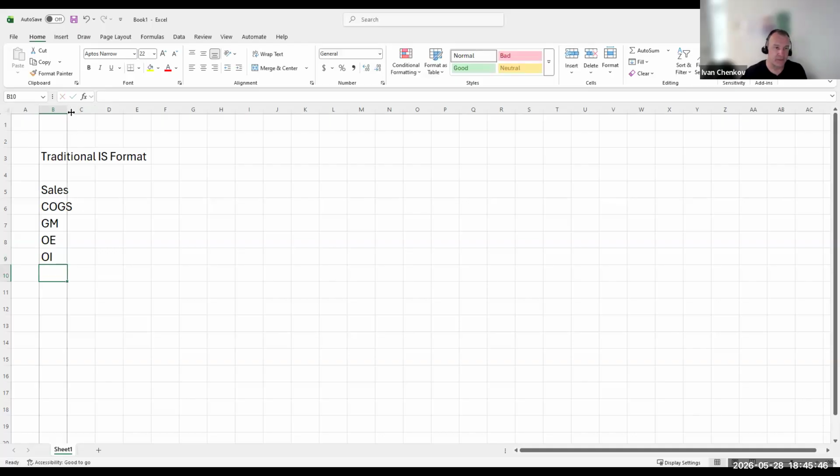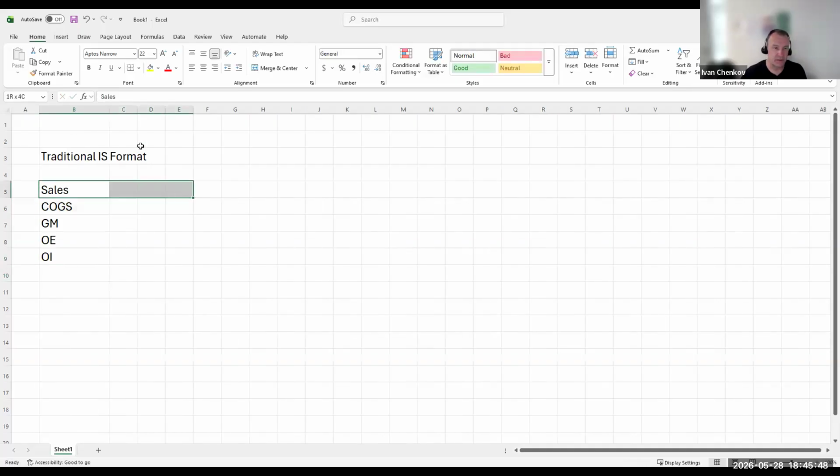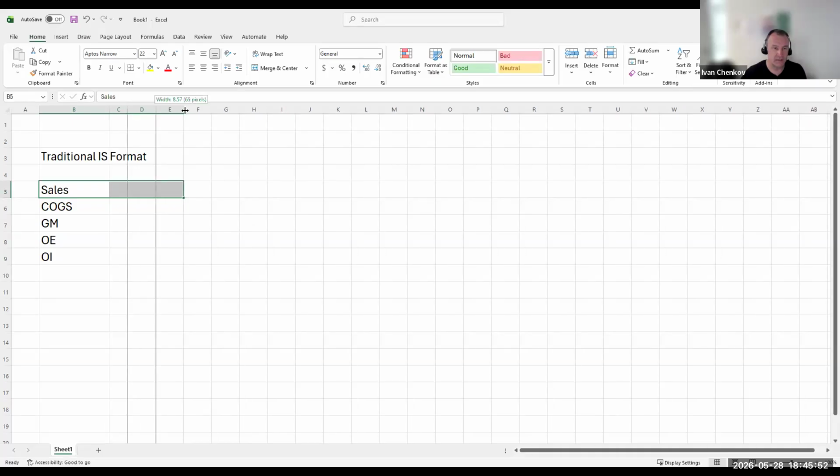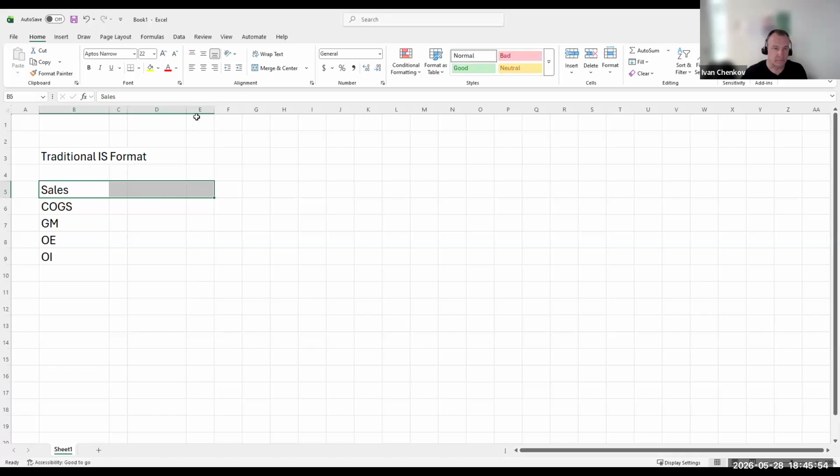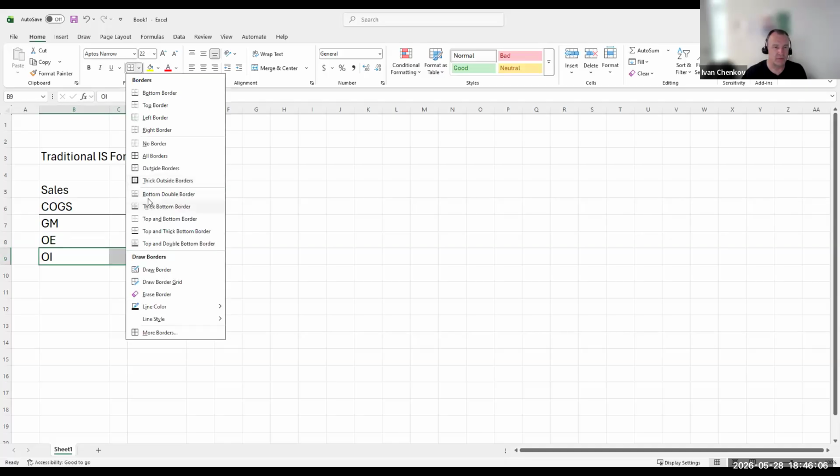The only thing left is to put some labels here, to put some numbers, and to make it nice. So the sales minus cost of goods sold is going to give us a gross margin. Gross margin minus the operating expenses is going to give us operating income. And the operating income is going to be our final result here.